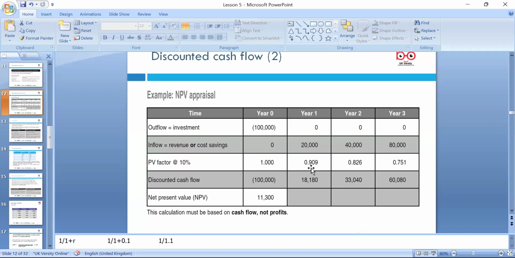Whatever answer comes, carry on dividing by 1.1. Year 2 will be this, then divide this answer by 1.1 and we get year 3. So these are the discount factors. If we're getting 20,000, the actual value of the money, £1, will be 90 pence. So the real value of 20,000 is 18,180, and then 33 and 60.